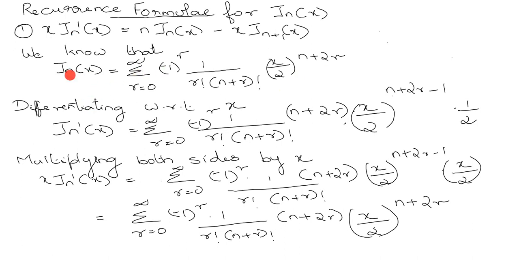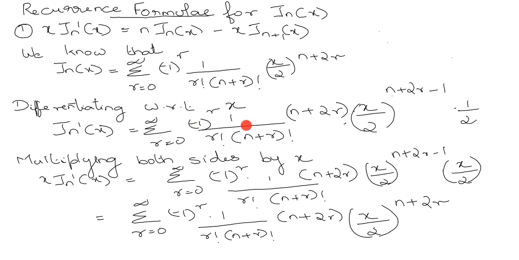So the LHS will now become Jn'(x), d/dx of Jn(x), which is written as Jn'(x) = sigma r = 0 to infinity, (−1)^r into 1 by r factorial into (n + r) factorial.